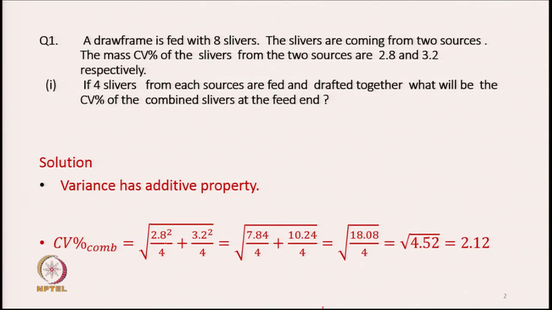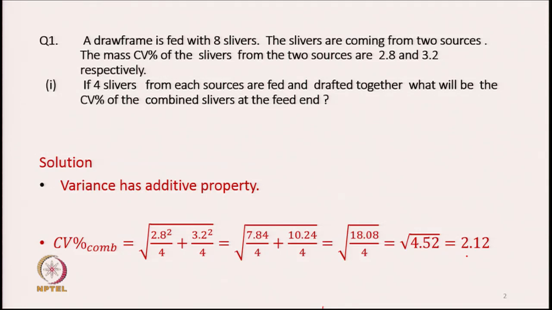So, if we go by this rule, then we can see that the CV is coming to be 2.12. That means by combining these 8 slivers, 4 from one source and another 4 from the other source, the final CV is coming to be less than 2.8, and that is because of the doubling action within the draw frame.